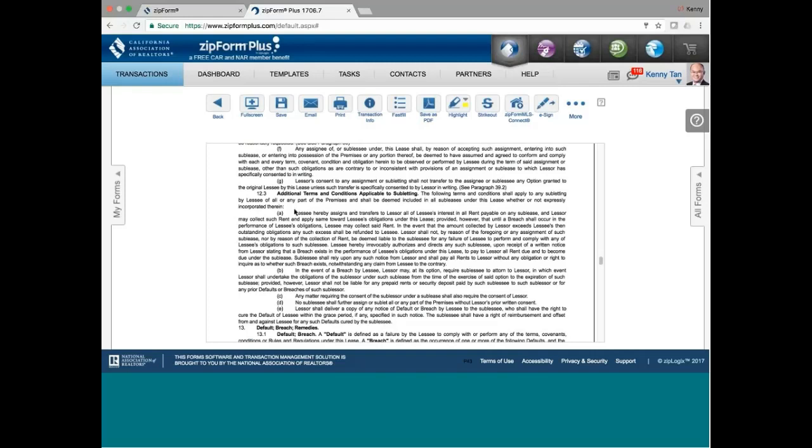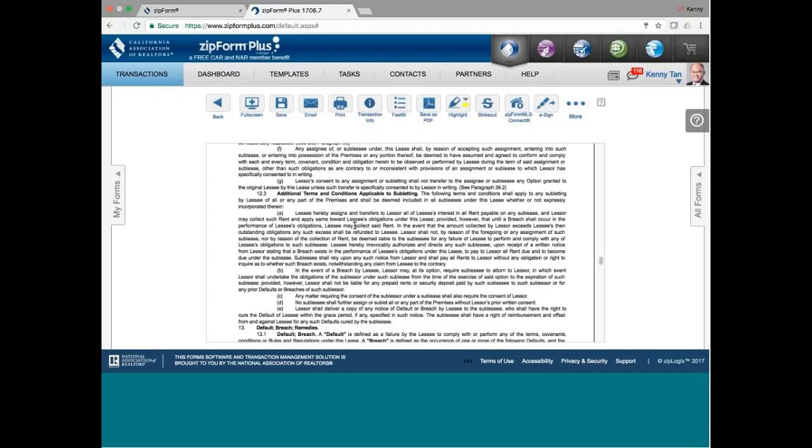A. Lessee hereby assigns and transfers to lessor all of lessee's interest in all rent payable on any sublease, and lessor may collect such rent and apply same toward lessee's obligations under this lease, provided, however, that until a breach shall occur in the performance of the lessee's obligations, lessee may collect said rent.